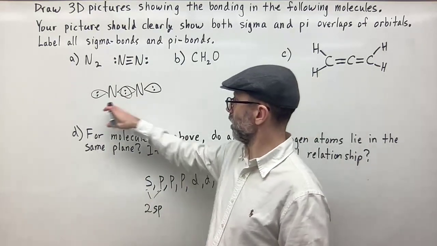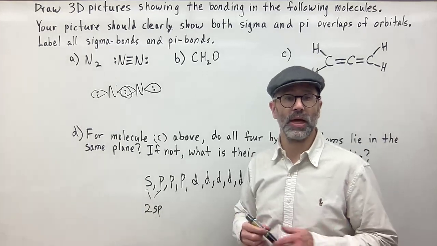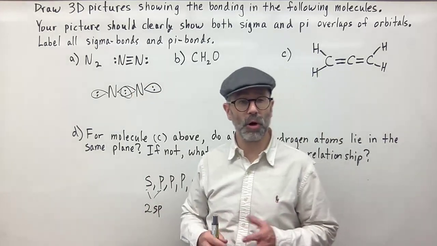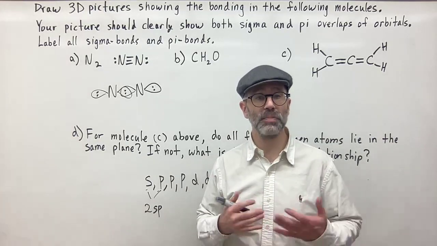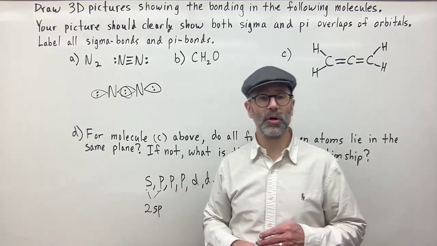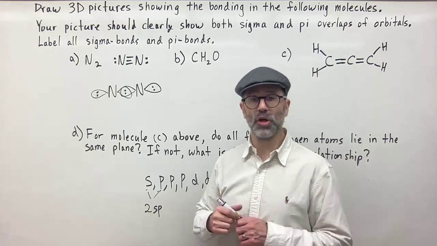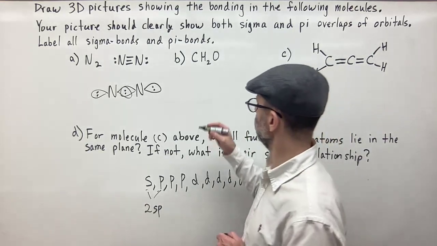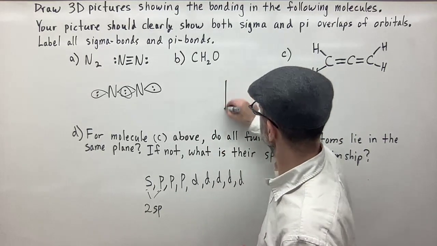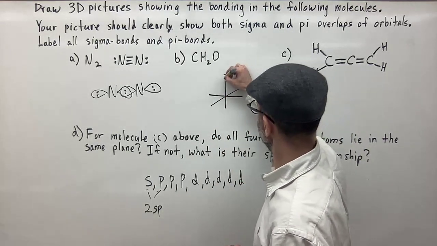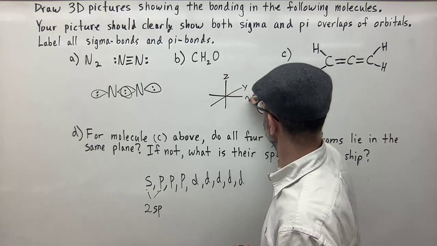So we've got our sp hybridized orbitals, but what about the pi bonds? Pi bonds are formed from unhybridized p orbitals. And if you remember, p orbitals are perpendicular to each other. So remember, we have the axes, like so. This is our z, this is maybe y, this is x.